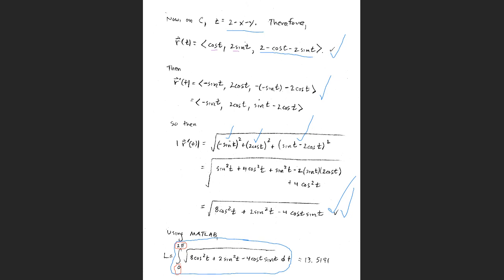So we get this, and offhand, do you think it's possible to find the antiderivative of the square root of the quantity 8 cosine squared t plus 2 sine squared t minus 4 cosine t sine t? How many of you would not want to try that one?